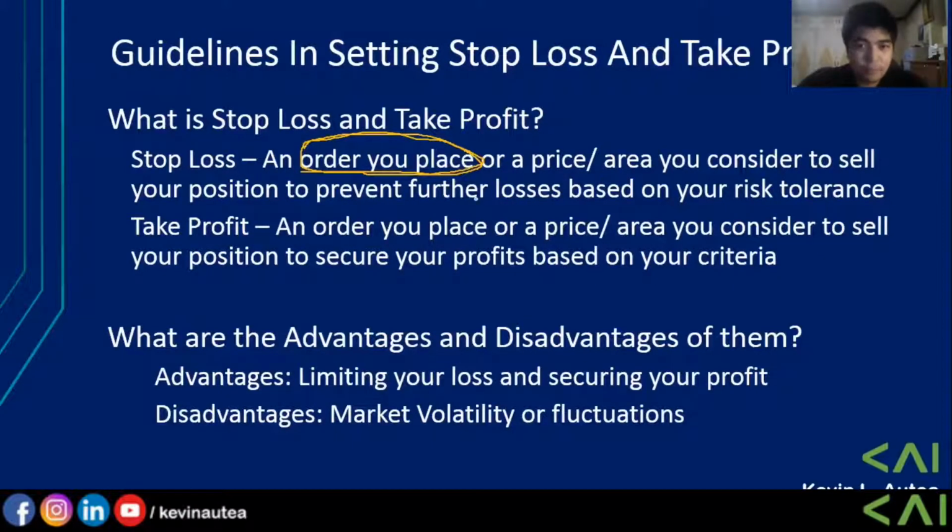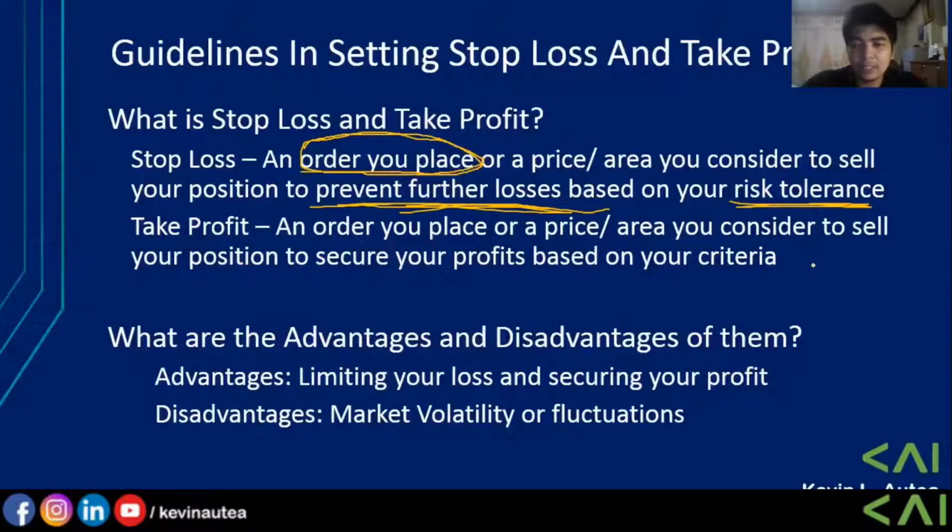So to prevent further losses, as we all know, the stock market is a business of high probability. But if everything goes against you, you prevent further losses. All of those criteria will be based on your risk tolerance.